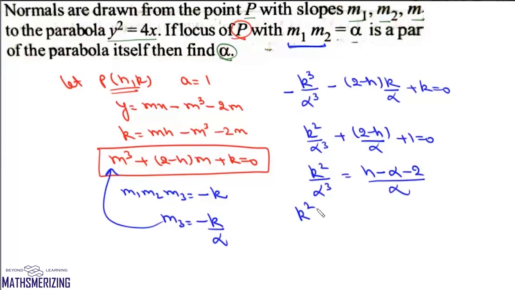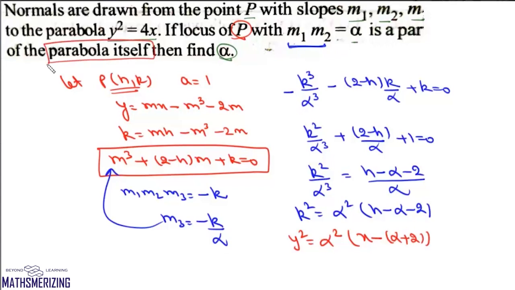So we'll write this equation as k square equals alpha square (h minus alpha minus 2). So the locus of this point P will be y square equals alpha square (x minus alpha plus 2).